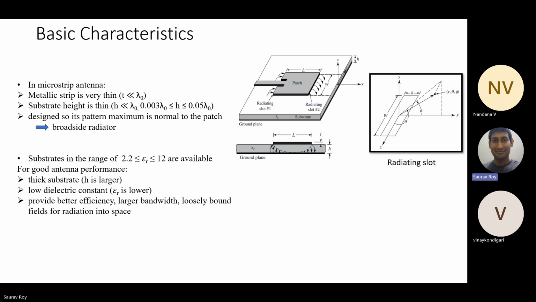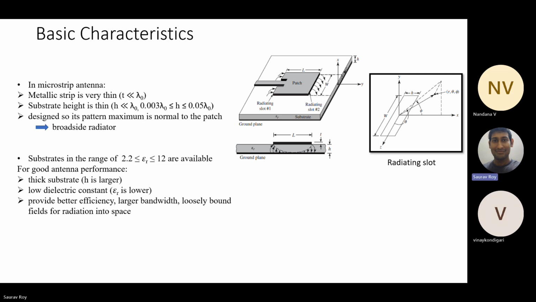So our radiating slot has a dimension of W cross H. W is in the Z direction, and H is the substrate thickness, in the X direction. So that is what is shown here.